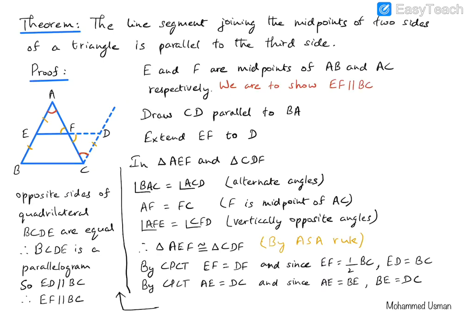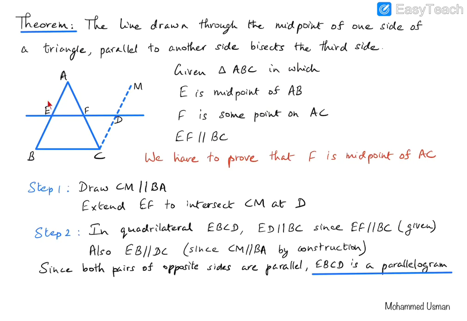In the previous case, the original theorem, E and F are given as midpoints, and we had to show that EF is parallel to BC. In the converse statement, only one point is given as the midpoint and the line is given to be parallel to BC. We have to show that the other point of intersection with the side is also the midpoint of that particular side. Okay, so the converse of the theorem is that the line drawn through the midpoint of one side of a triangle parallel to the second side bisects the third side.